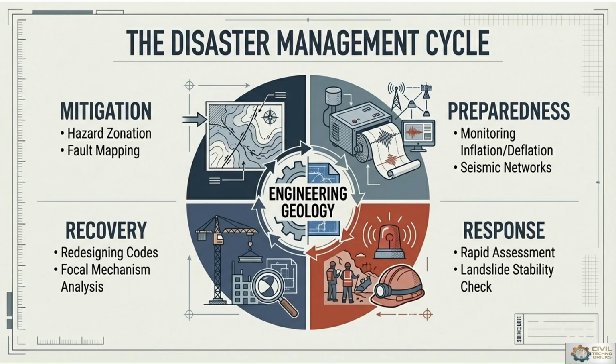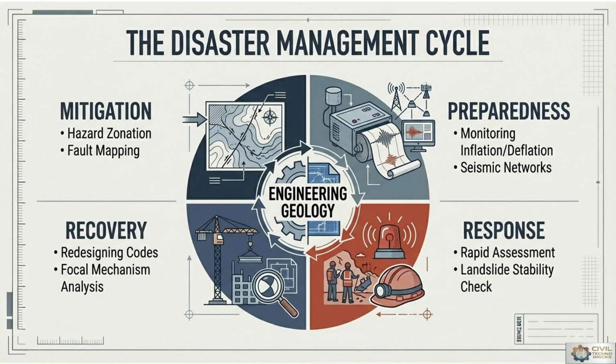Moving towards the disaster management cycle, there are four parts: mitigation, preparedness, response, recovery. From the engineering geology point of view, the disaster management cycle is used in hazard control and safety planning, which explains mitigation measures such as hazard zonation and slope stability analysis. Preparedness includes activities such as monitoring systems and seismic networks, which describe the importance of fault mapping and geological investigations.